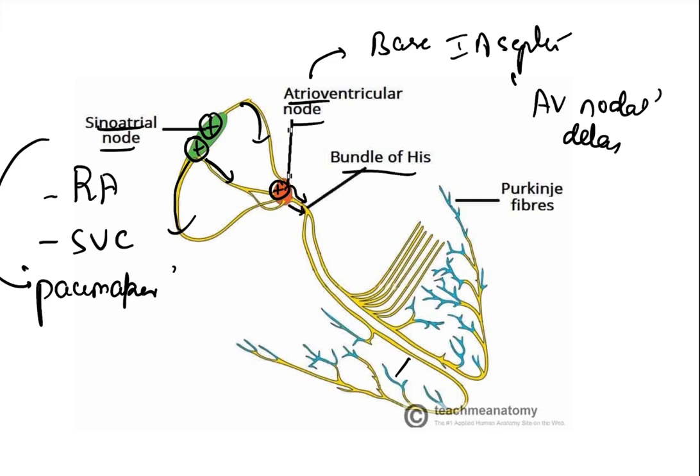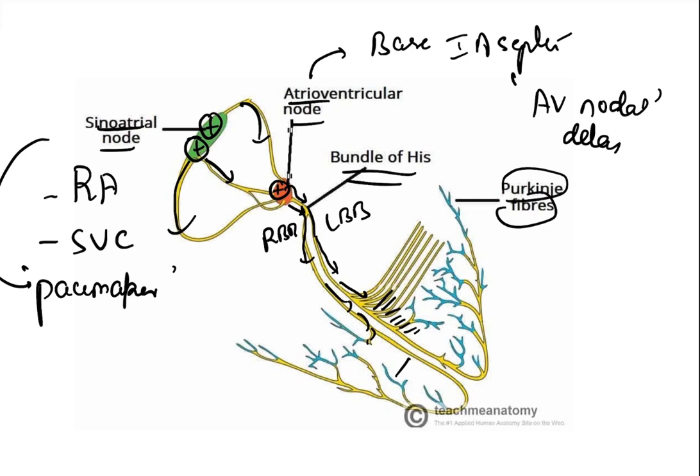The bundle of His divides into the left bundle branch and right bundle branch. The impulses travel through these bundle branches, which further divide into Purkinje fibers, and finally the impulses reach the ventricular myocardium.